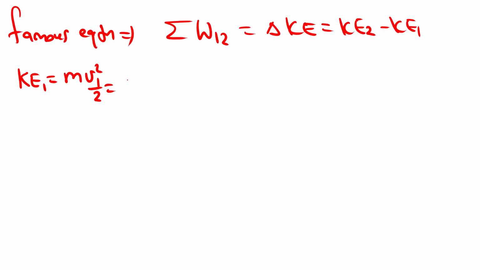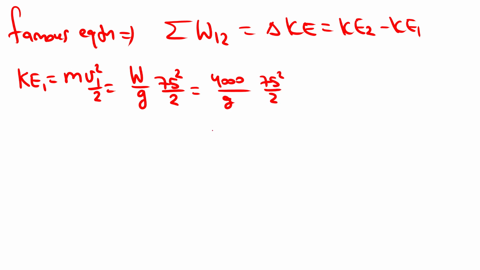The weight is given, so m is weight by g, that is 4000 by g, with g equal to 32.2. That is the kinetic energy at 1.